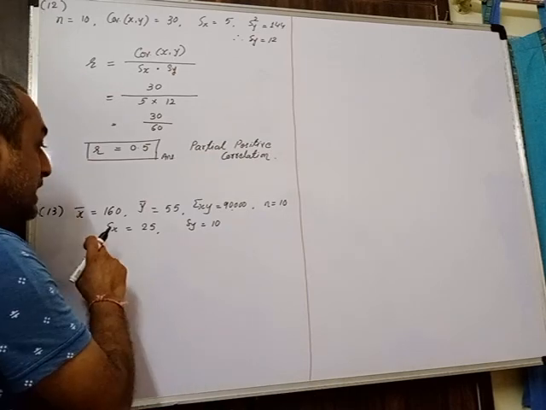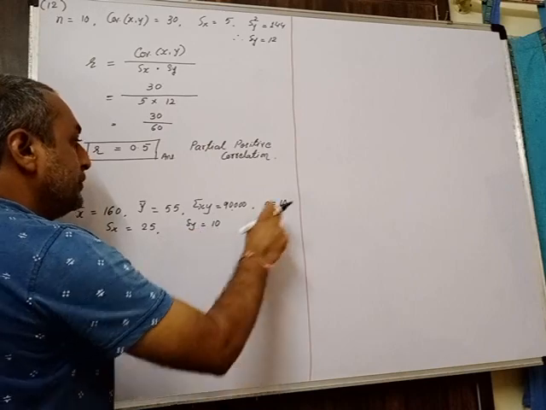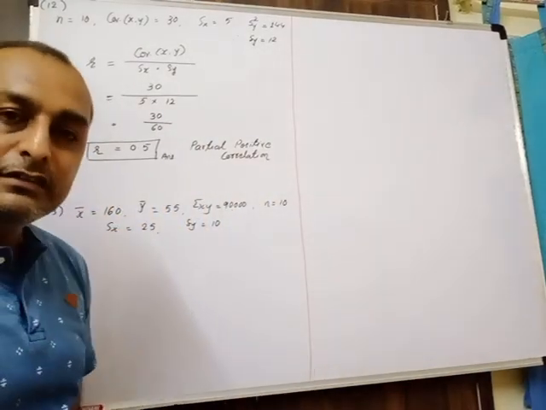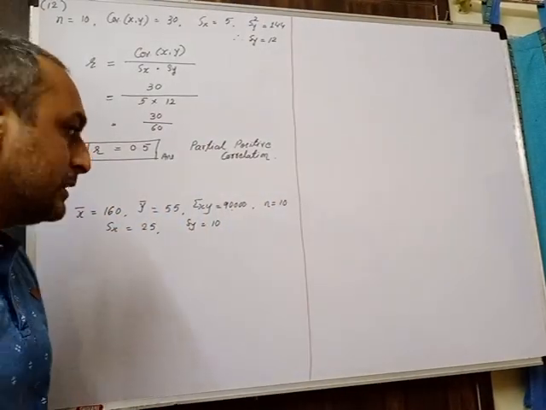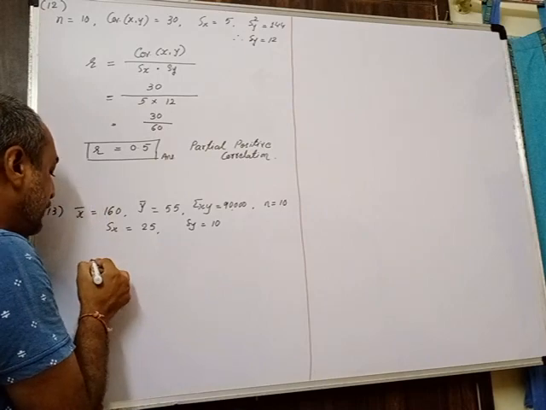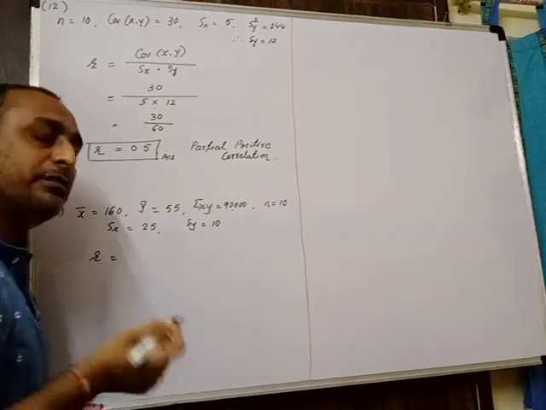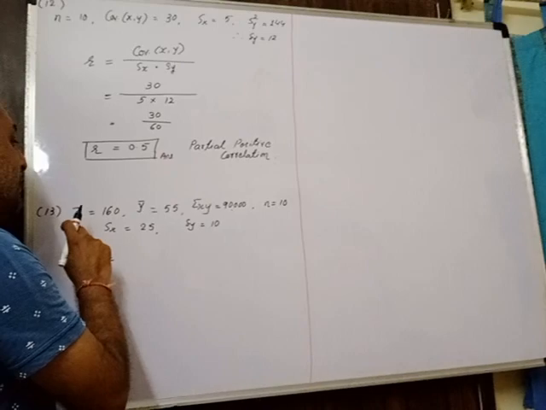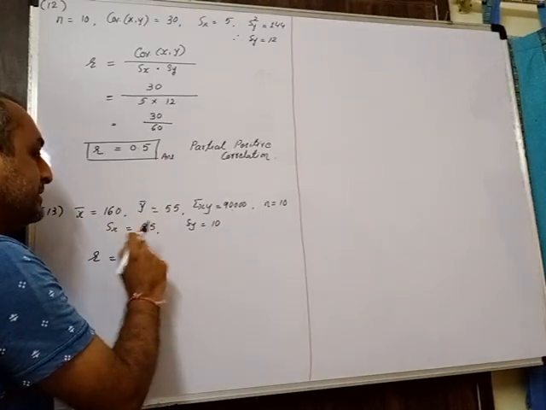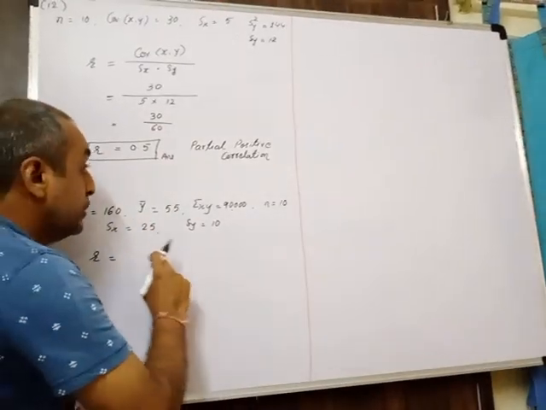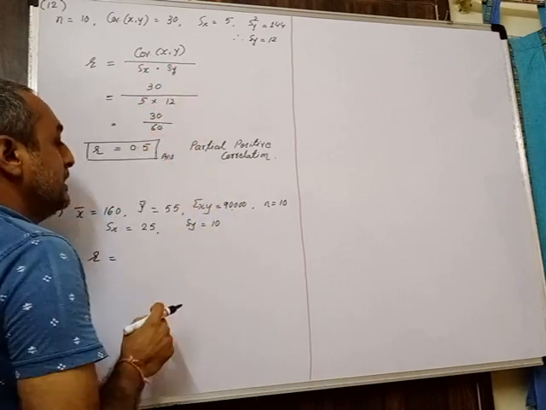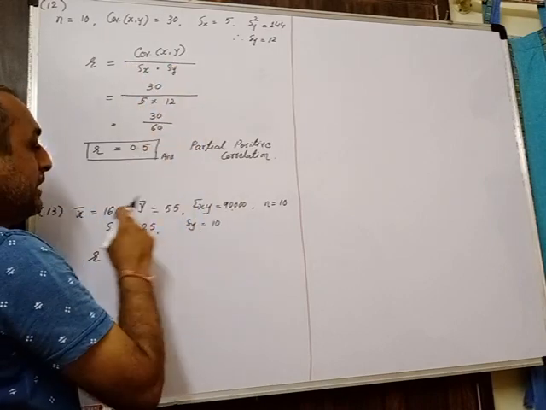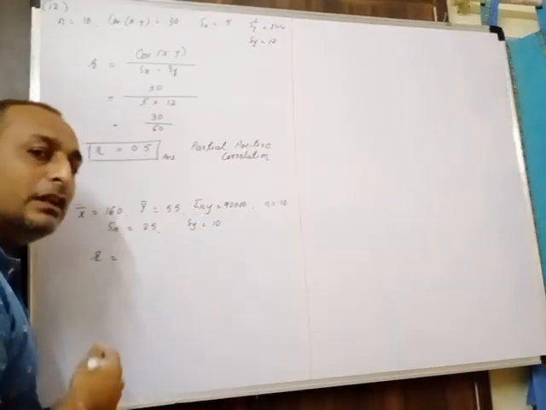So now with the help of the given information we have to use a formula to find out correlation coefficient by Karl Pearson's method. So in that case, which formula can we apply over here? According to the given data, x bar, y bar, sx and sy are available. So in the denominator we'll keep sx, sy, and in the numerator sum of xy, x bar and y bar are available, that we'll use over here.